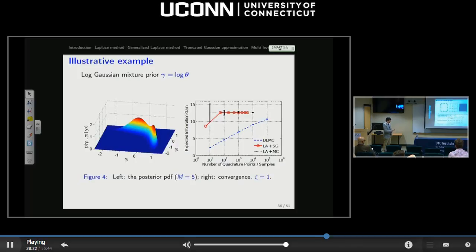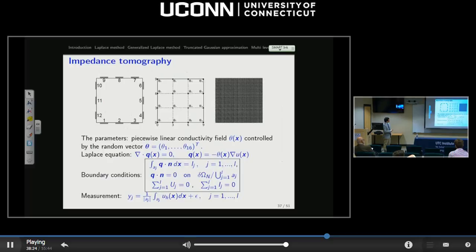Here's a more realistic example. It's impedance tomography. We have a square domain. We want to do inference on the conductivity of the bulk material. And we have 12 possible locations to put the electrodes. So every time we select two locations to put the electrodes.